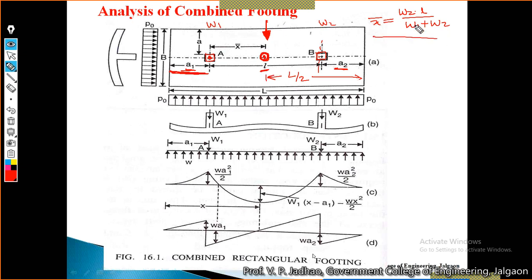So we get X bar using this formula: X bar is equal to W2 into small l divided by W1 plus W2.